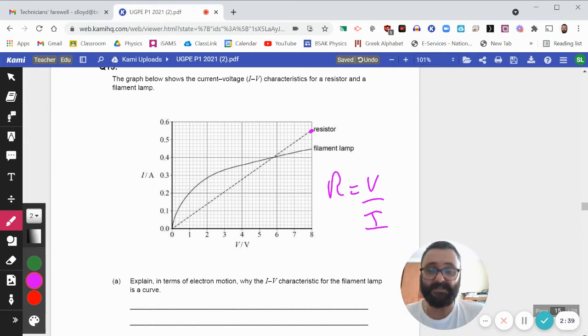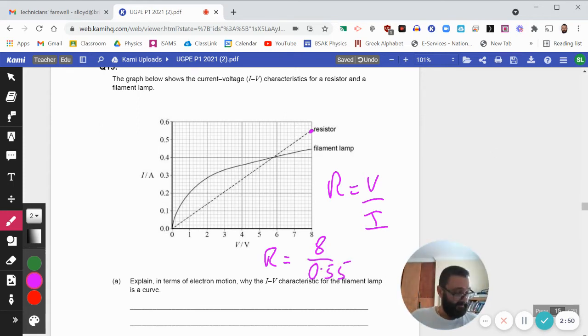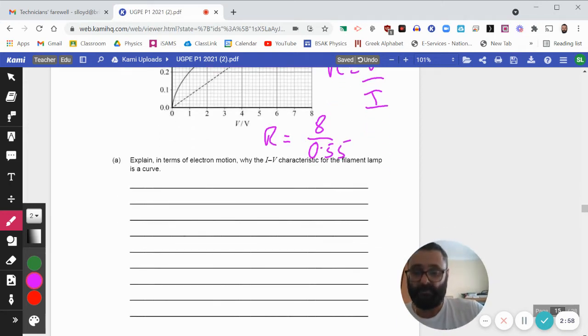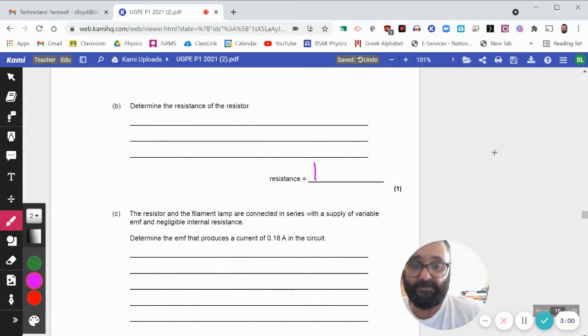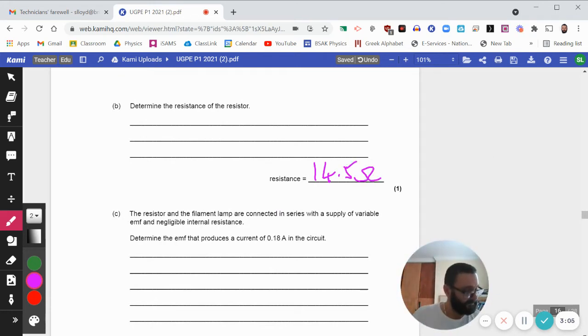So voltage is 8, and I reckon the current is 0.55. So that's 14.5 ohms.